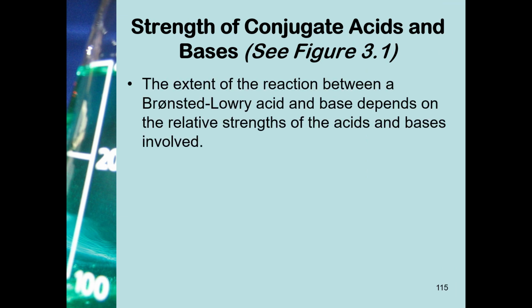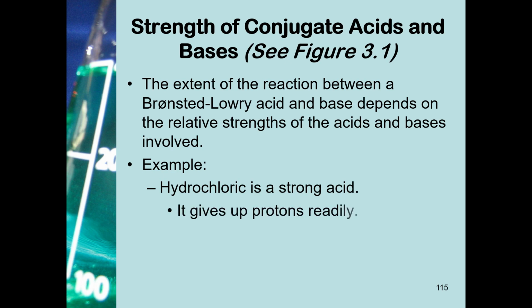The extent of a reaction between a Bronsted-Lowry acid and base depends on the relative strength of the acids and bases that are involved. So we know hydrochloric acid from the previous chart is a strong acid, and it gives up a proton readily. That's why we call it strong. It readily ionizes.